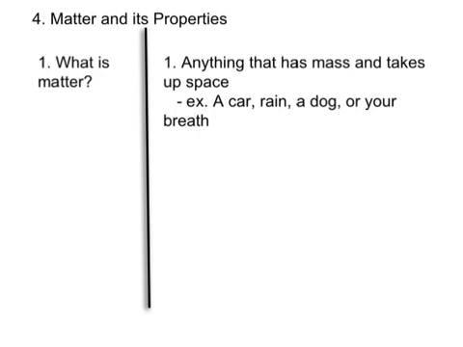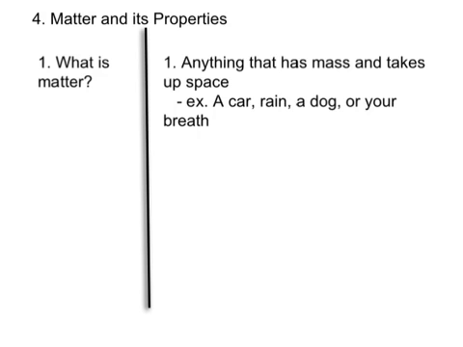This is a concept that you should have already gotten in previous science classes, probably in middle school, if not elementary school. But matter is anything that has mass and takes up space. Those are the only 2 parameters that something has to have in order to be classified as matter. So a lot of things can be classified as matter, such as a car, rain, dog, toothpaste, lamp, okay, even your breath.